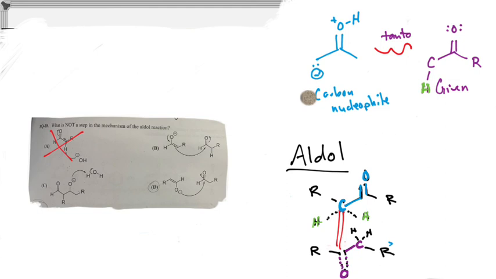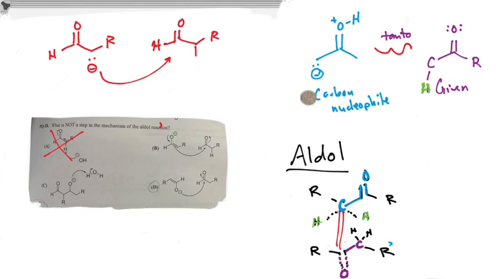And if we think through how our reactions ran and how we talked through it, you might say, but Mike, you didn't show it this way. You're correct. If we think through how we look at our reactions, when I talked through it, what we talked about was our negative carbon coming in and attacking our hydrogen carbonyl, our group H. Does that look a little bit more familiar to you? Yes. Okay. That's exactly what B is showing for the most part.